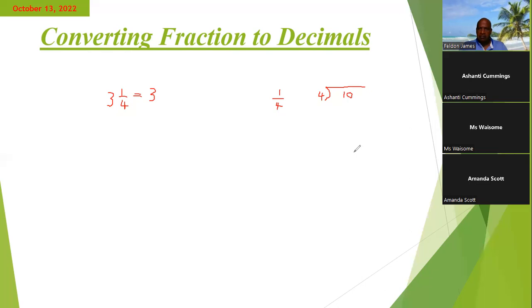You have a 0. And a point, and then after the point, we'd say 4 into 10, so it goes 2 times.